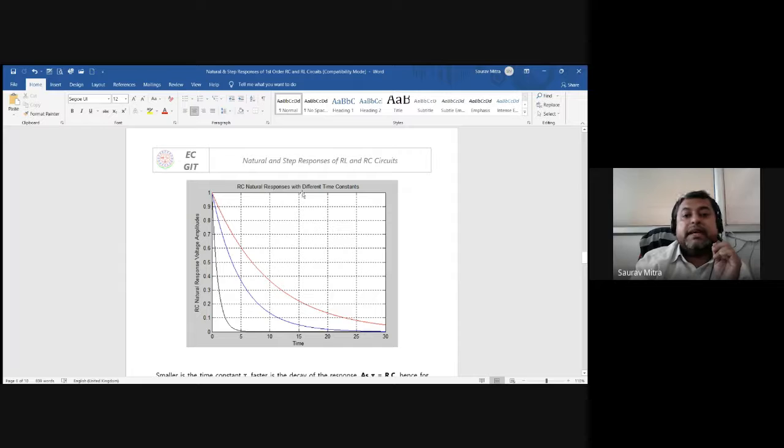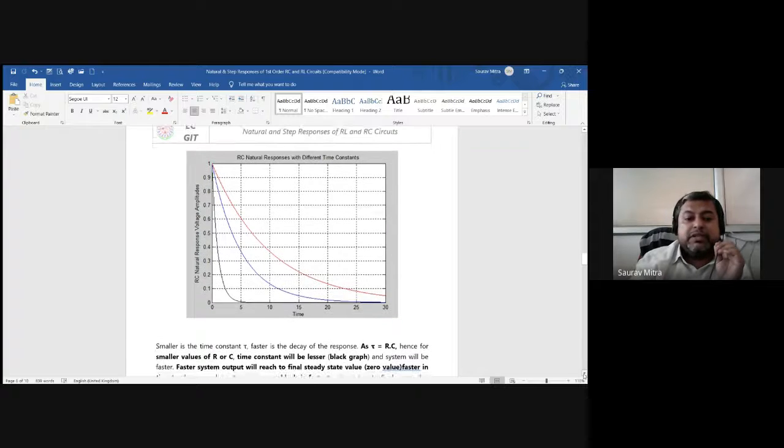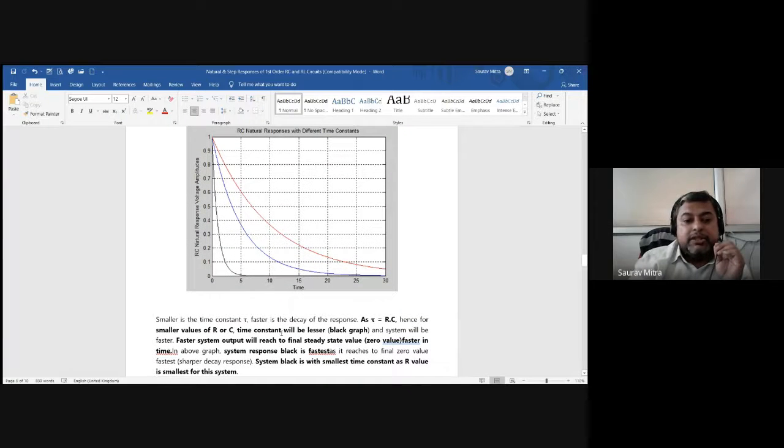So this is the RC natural response with different time constants. Black has the lowest time constant because the value of C is constant. Here it is written: the smaller the value of the time constant, the faster the decay. Decay means fall. As tau is equal to RC, for a smaller value of R or C, the time constant will be lesser and the system will be faster.